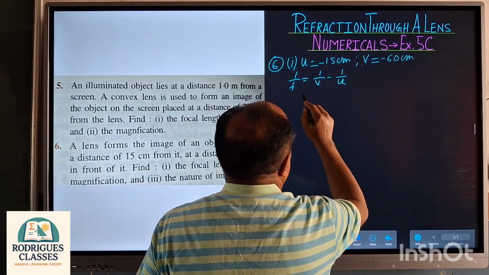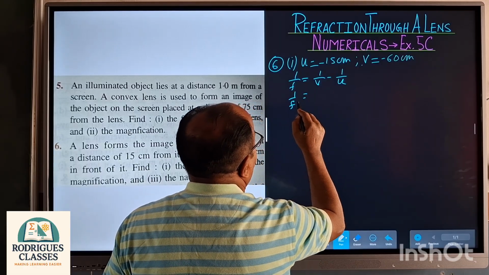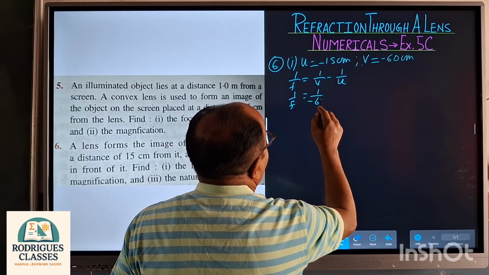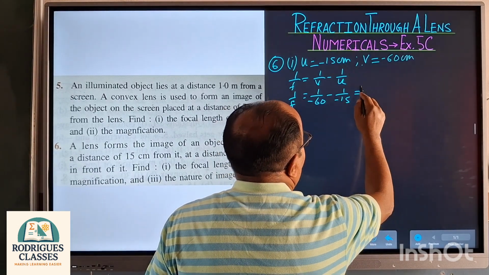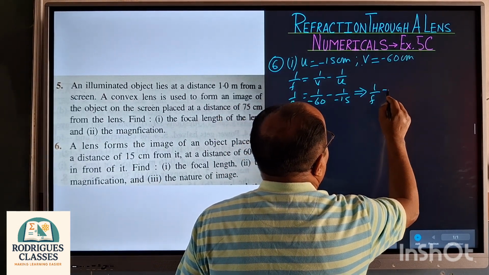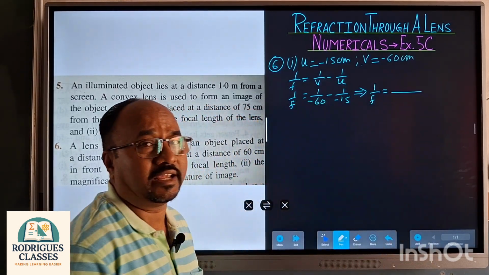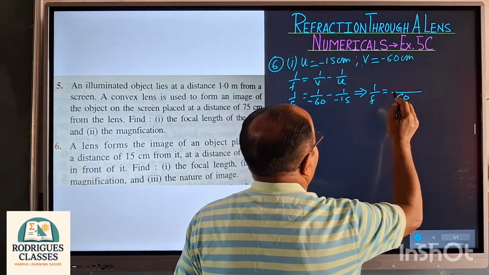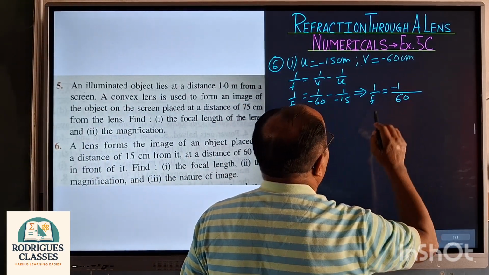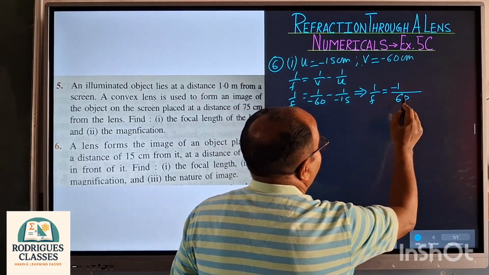So that will be equal to 1 by minus 60 minus 1 by minus 15. So 1 by f equals, LCM of 60 and 15 is 60. So 60 divided by 60 is 1, but there is a minus sign, so minus 1. Minus minus will become plus.